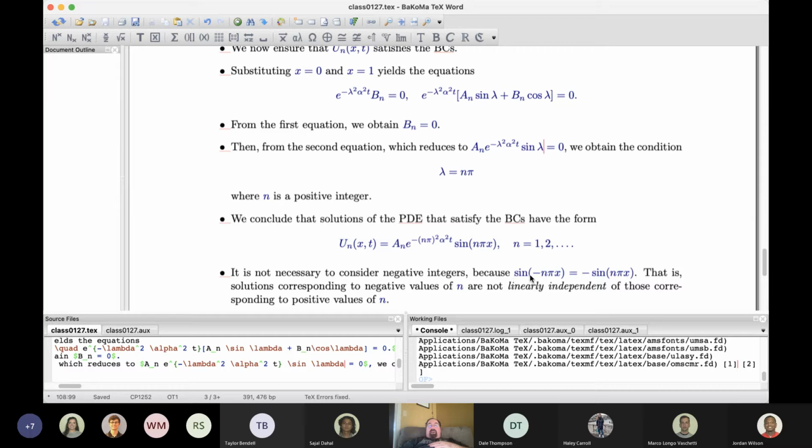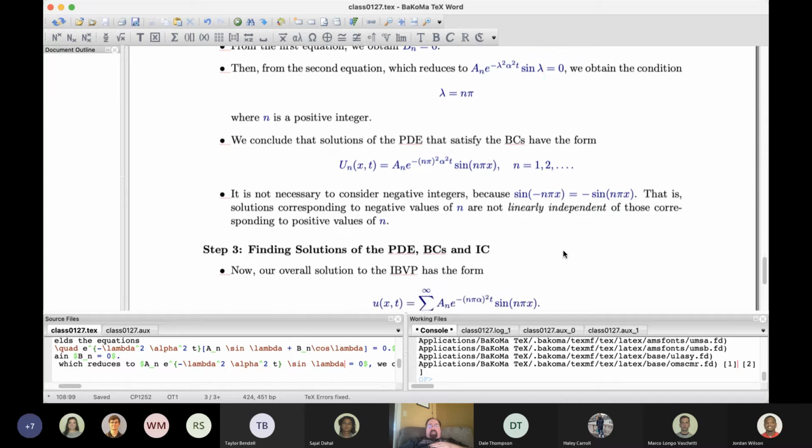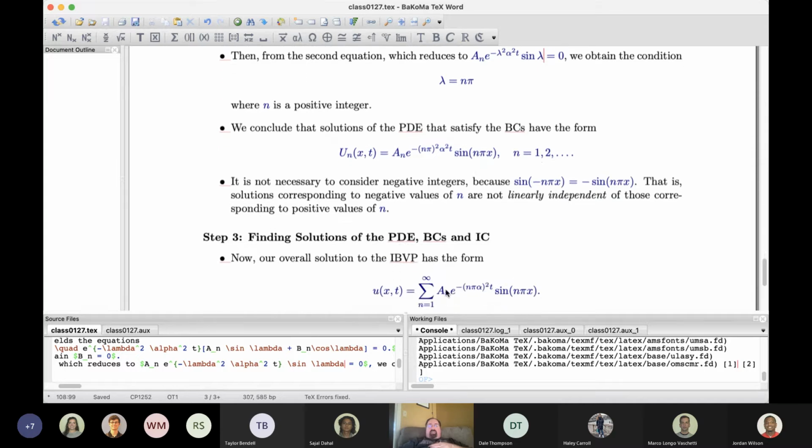So by allowing negative integers, we would get new solutions that are linearly dependent on the ones we already have. To get a minimal set of solutions that are actually useful to us, we just restrict n to being positive. That way, when we take a linear combination of these solutions, the coefficients will be unique.